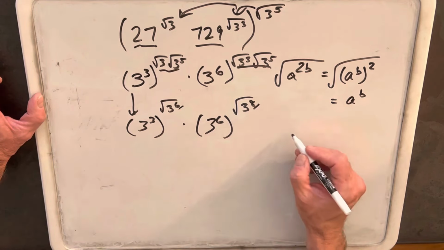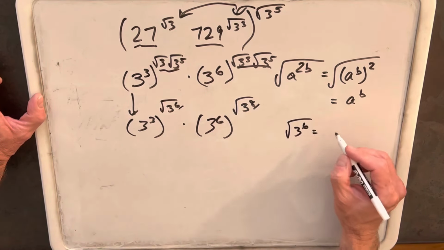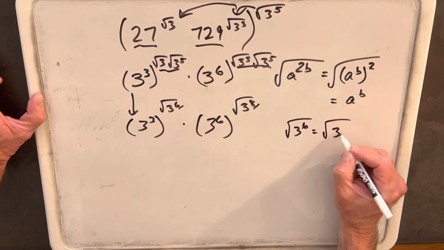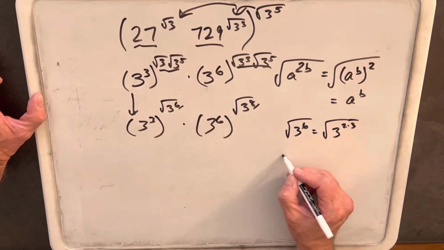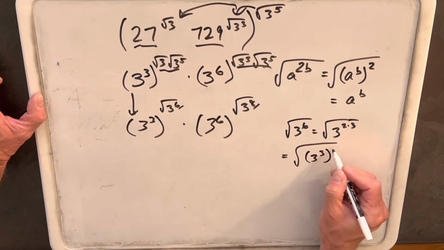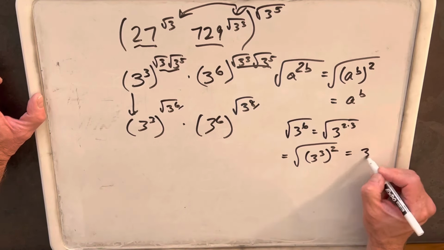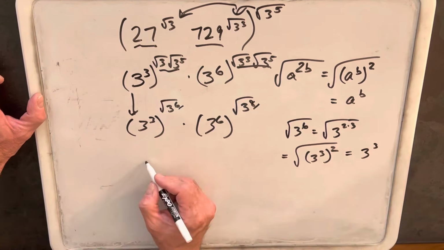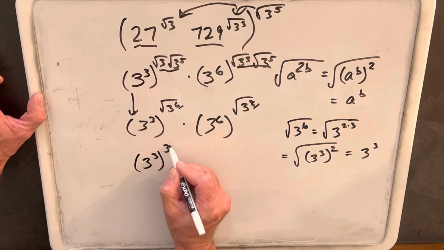So in the case where we have 3 to the 6, because it's even, we could write that as 3 to the 2 times 3, which is the same thing as 3 cubed squared. So this is actually going to just be 3 cubed. So here we end up with 3 cubed to the 3 cubed.